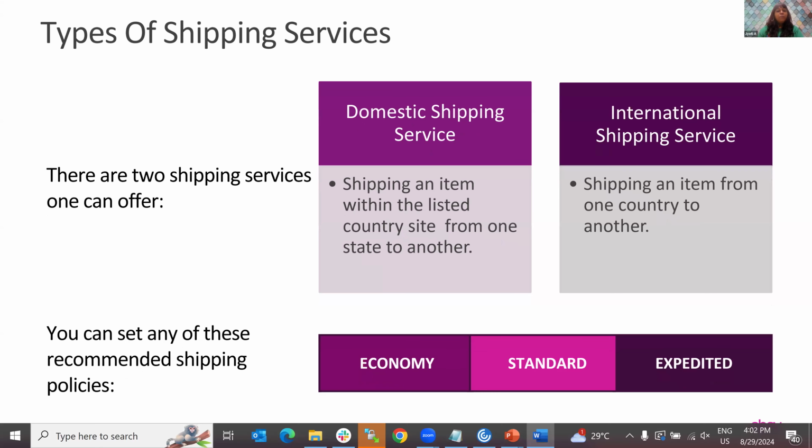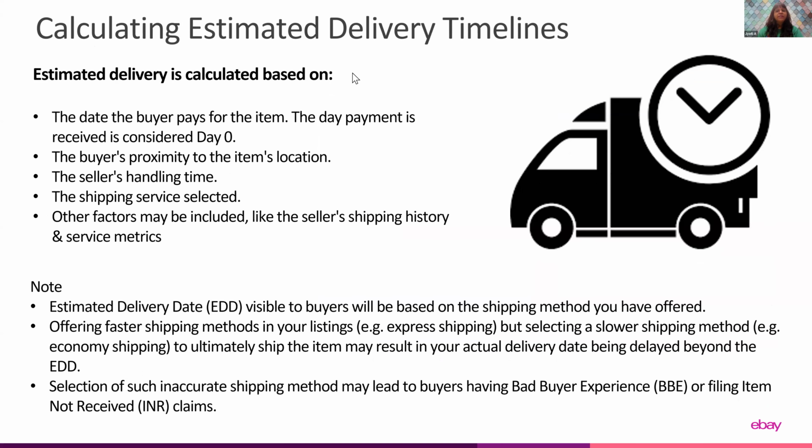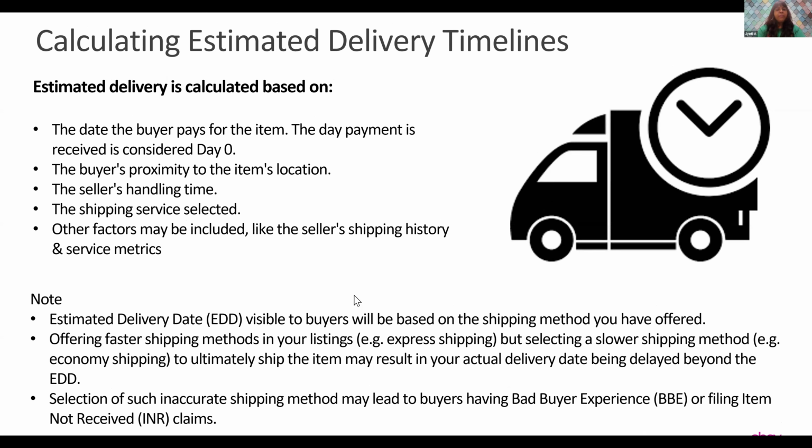Now, when we talk about estimated delivery date or calculating estimated delivery timelines, we need to understand that for buyers, knowing when they can expect to receive the item is of utmost importance while they are making a decision whether to purchase the item or not.